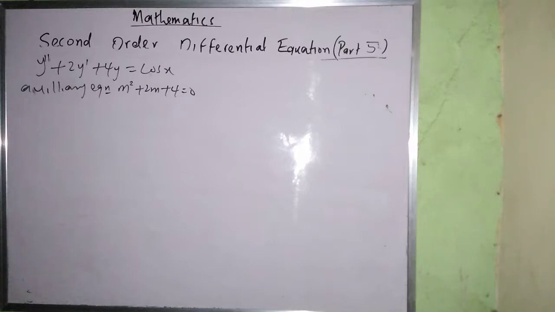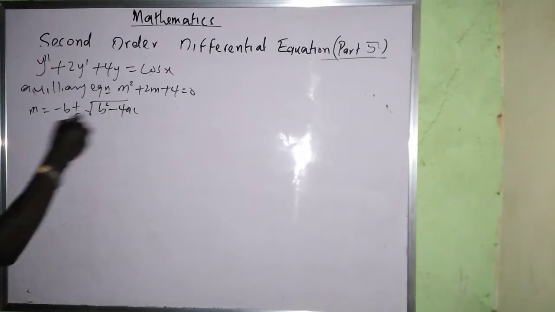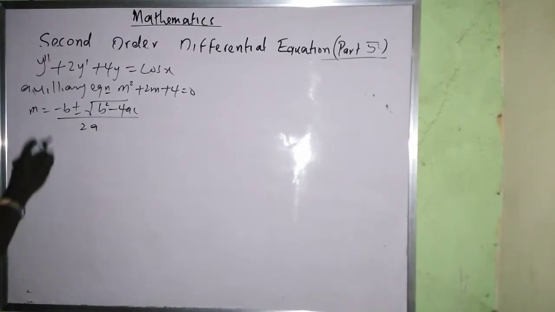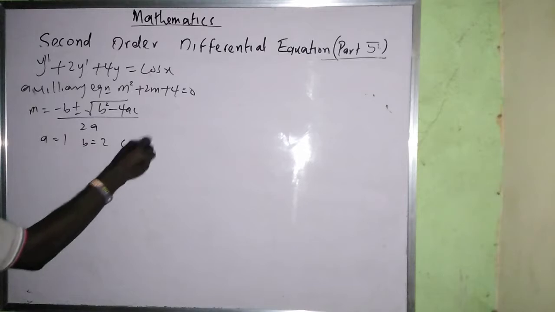Now, I will move on. This part will give me m equals minus b plus or minus root of b squared minus 4ac, divided by 2a. It means a equals 1, b equals 2, c equals 4.